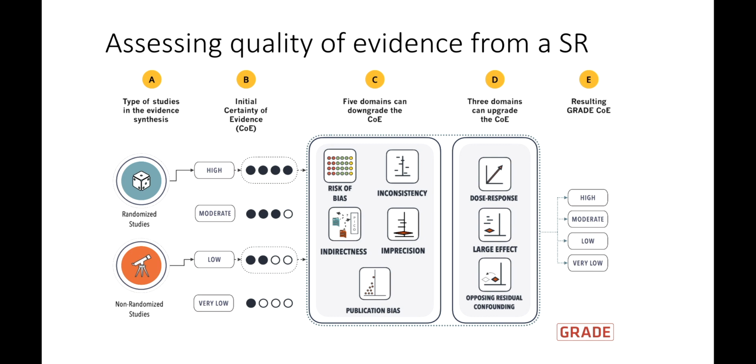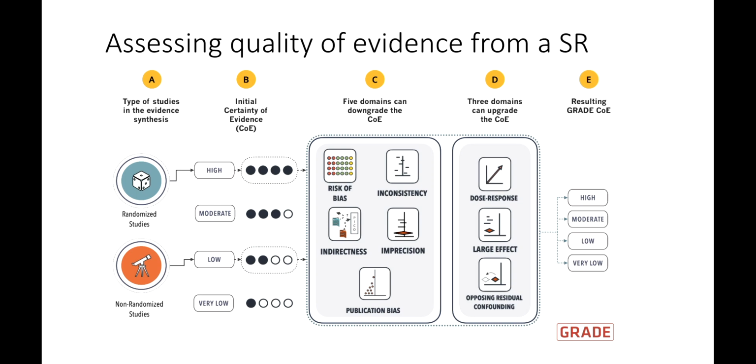Now, how does one get there? If your study is assessed on a randomized controlled trial, we start with high quality evidence because we consider randomized controlled trials a better quality of evidence to assess the relationship between an exposure and an outcome.